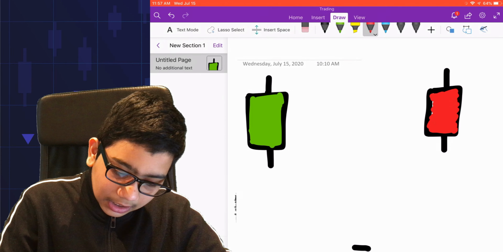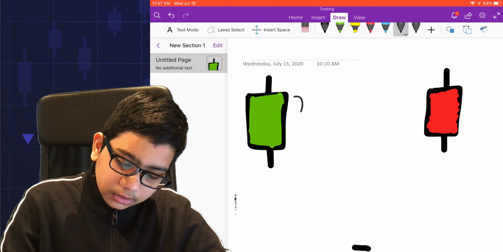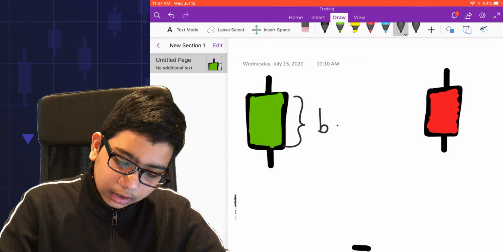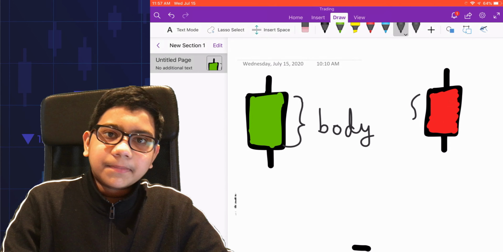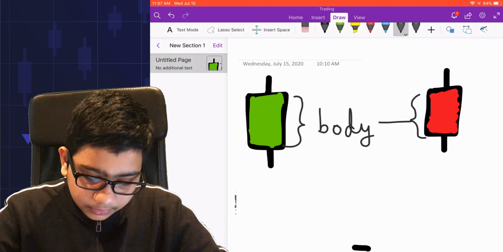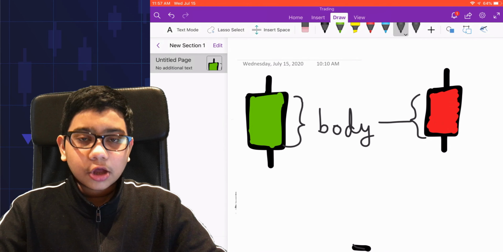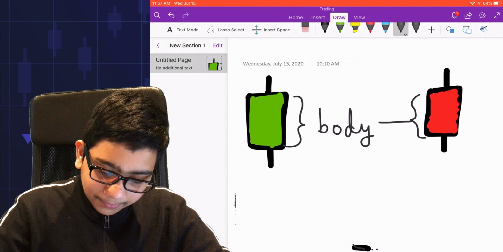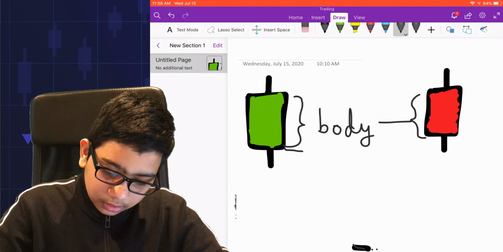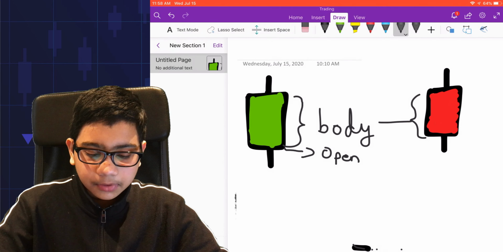For a bullish candle, this green part is called the body, and it's the same for a bearish candle. The red part is called the body, and the open of the candle is the opening price of the candle. So for a green candle, the opening price is at the lowest point of the body, and the closing price is at the highest point of the body.